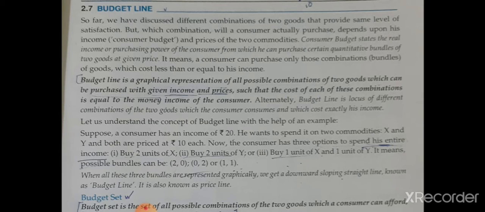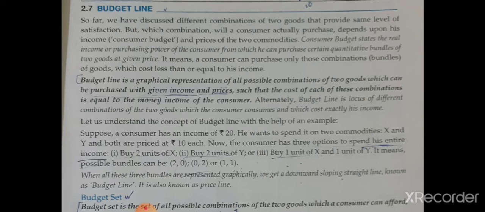In the indifference curve analysis we discussed the graphical representation of different combinations of two goods. Here we discuss those combinations of two goods which can be purchased with the given income and prices. So prices and the income of the consumer we are considering in this budget line, such that the cost of each of these combinations is equal to the money income of the consumer.